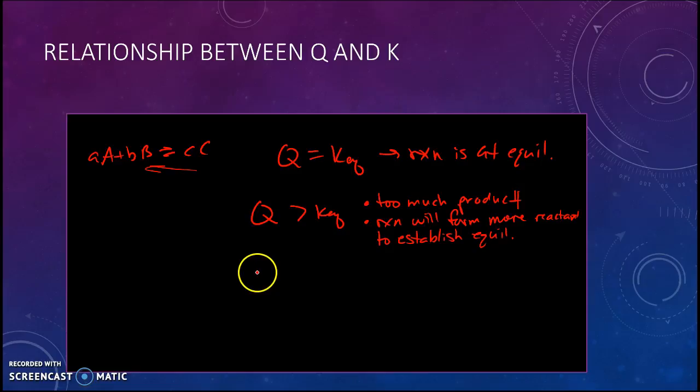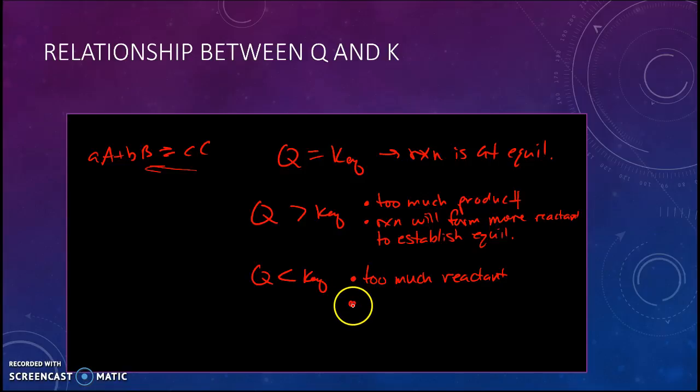And then the other situation, if Q is less than K, then we don't have enough product, and we have too much reactant. And we would say that the reaction will shift to the right.